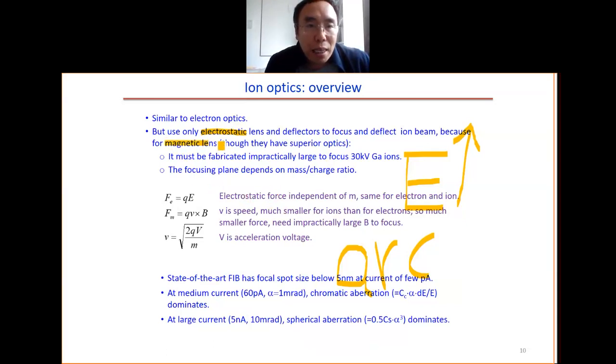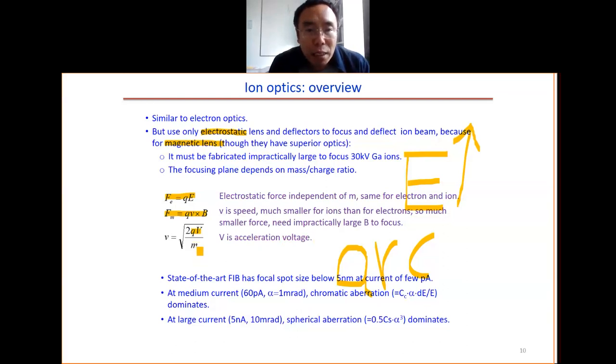But a magnetic lens is not good for focusing an ion beam, because of those formulas. The electrostatic force is given by this formula. As long as the electron and ion have the same charge, the force is the same. But for the magnetic field, the force is given by the Lorentz force. The speed of the particle is given by the square root of 2qV over m, where q is the charge, V is the acceleration voltage, and m is the mass.